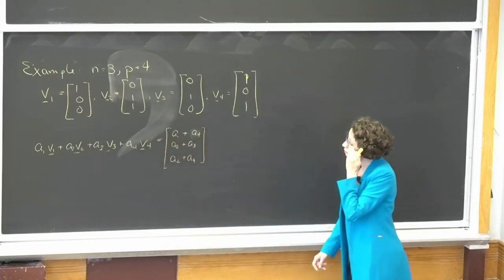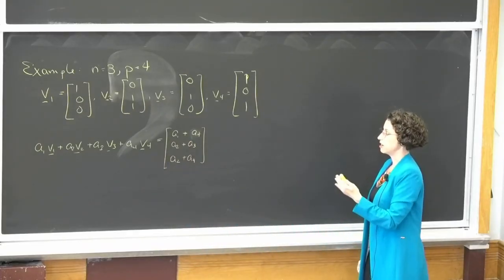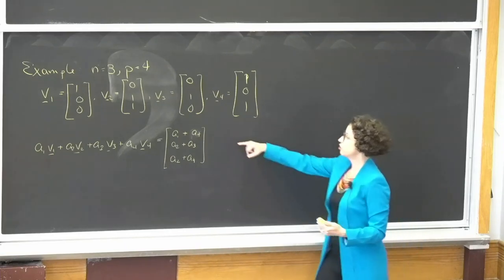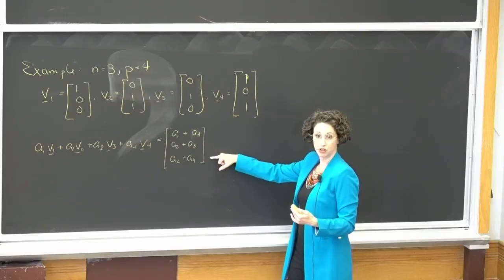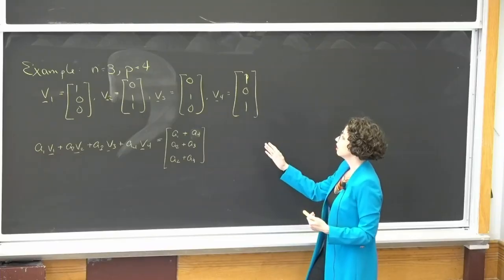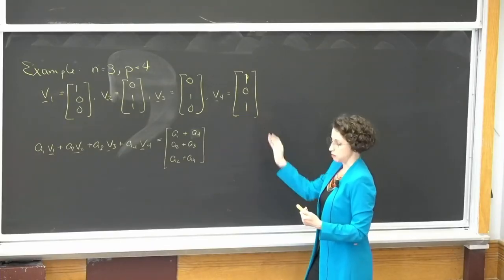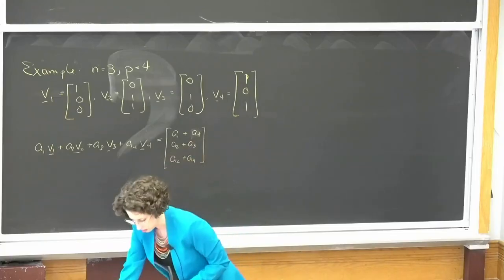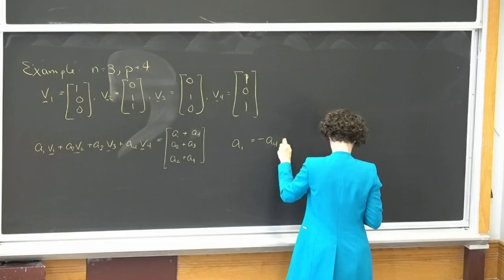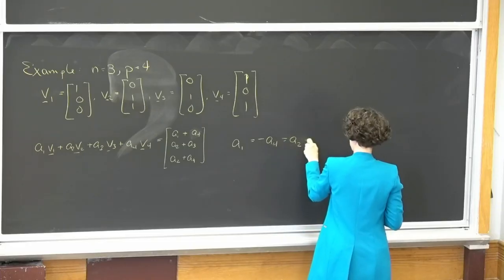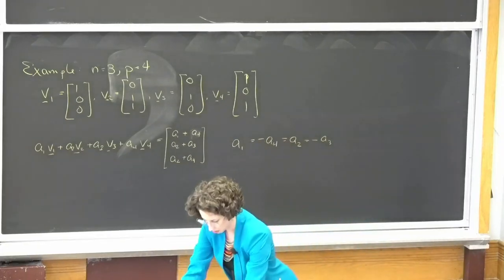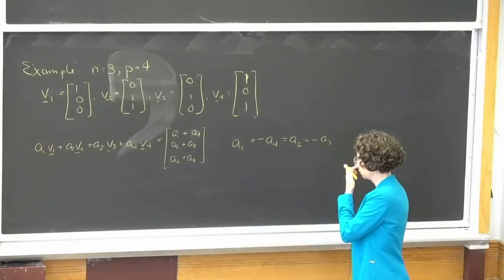And so what happens here is that it's possible to find combinations of A1, 2, 3, and 4 so that each one of these entries is equal to 0 without the A's all being equal to 0. In other words, I can write one of these V's as a weighted sum of the other V's. Just to be explicit about it, if A1 was equal to negative A4, which is equal to A2, which is negative A3, then this weighted sum that I have written on the board would be equal to 0.